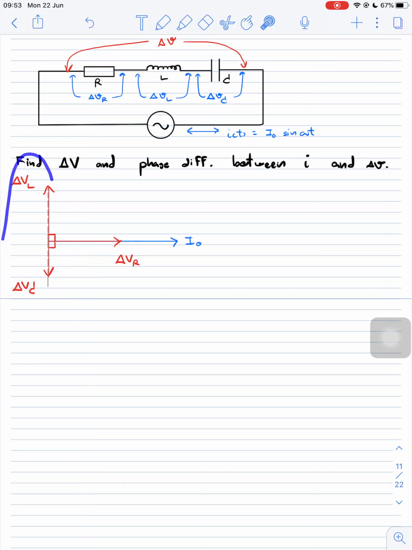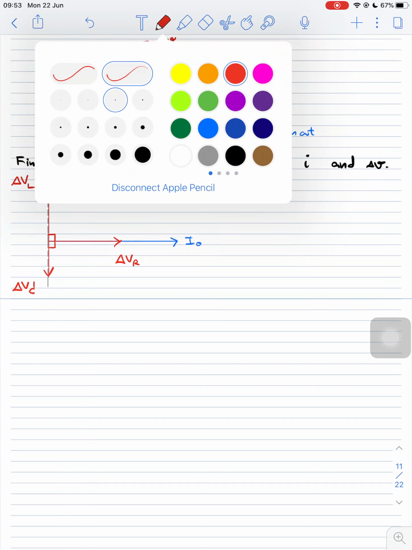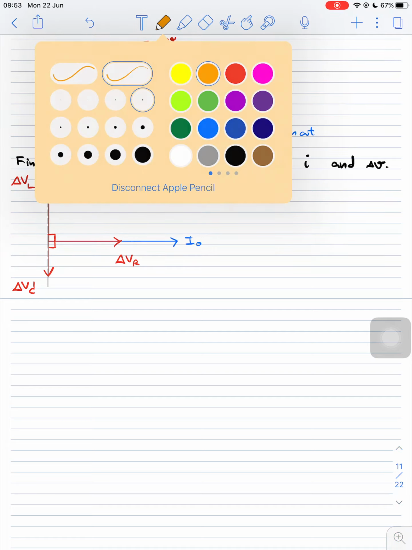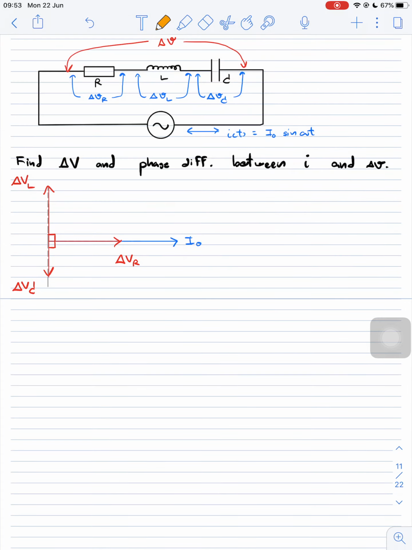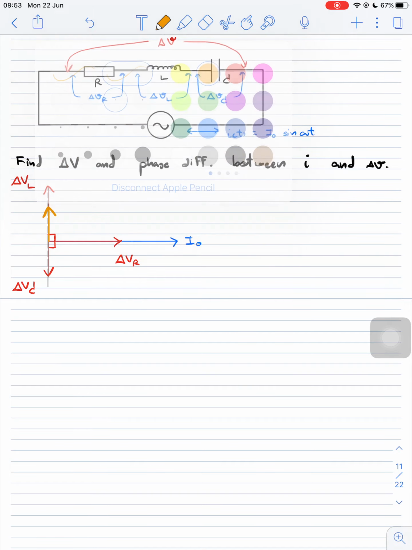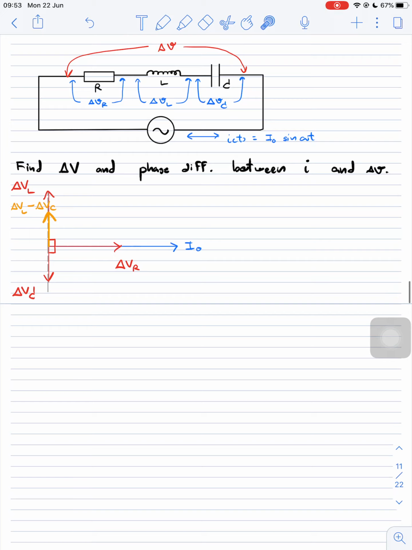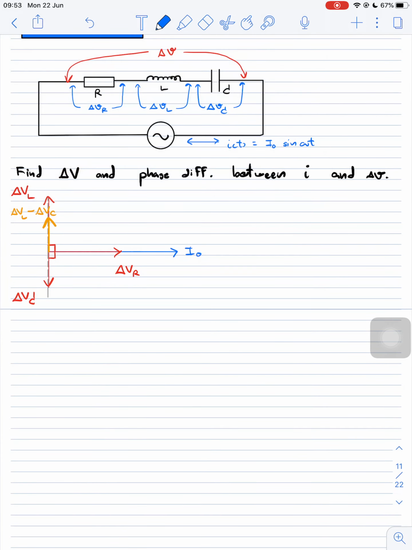These two can be combined to be this one. So this is going to be delta VL minus delta VC. Now we have the horizontal component of delta V and the vertical component of delta V, so let's combine these two together.